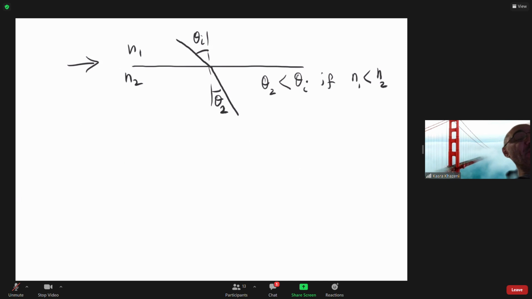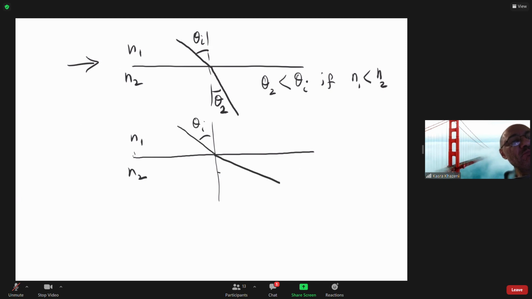Now, if you do this problem again, and this time you let n1 be larger, you'll find that theta 2 is larger than theta 1 if n1 is larger than n2.